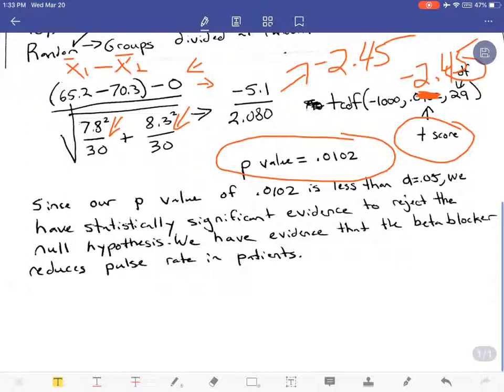So for the interpretation, you want that first sentence describing whether you're rejecting or failing to reject the null hypothesis based on the p-value against the significance level. And then the second sentence, you want to have it interpreted in non-stats terms, in context with the problem, so that somebody who's just reading through that sentence would understand what your results are from the study.